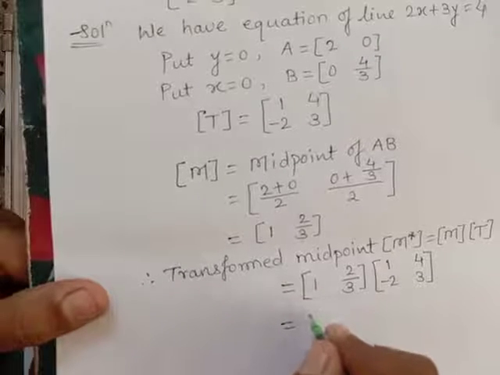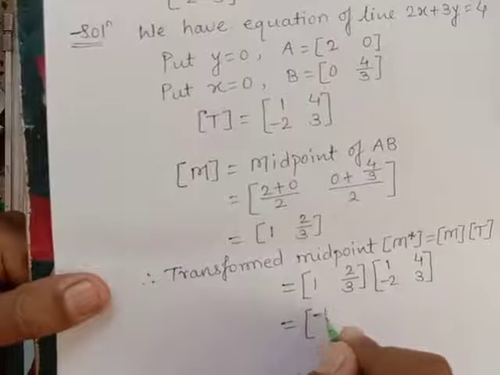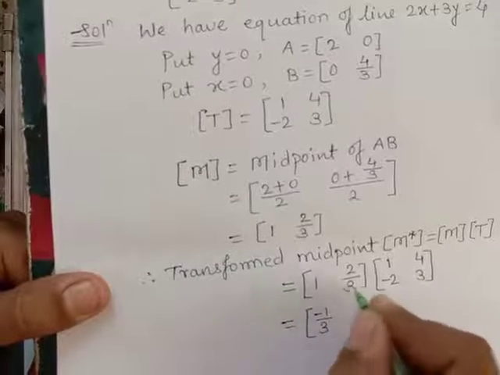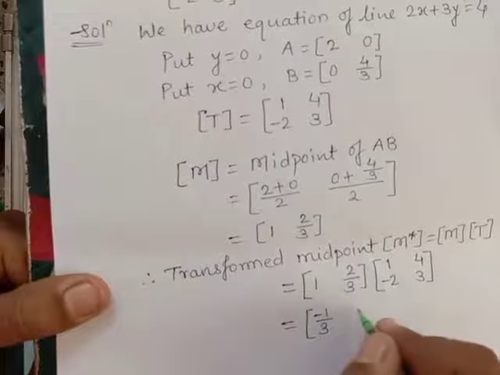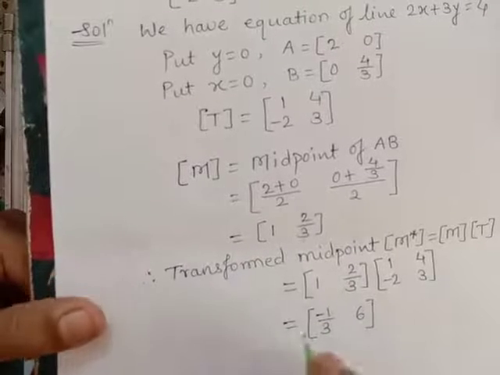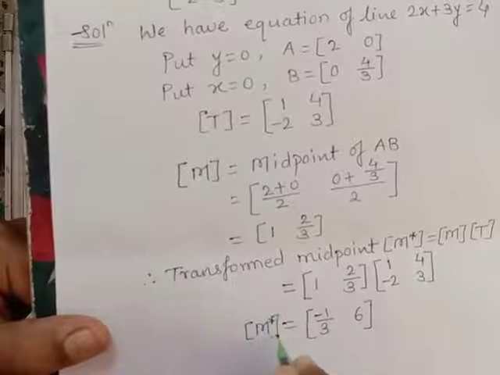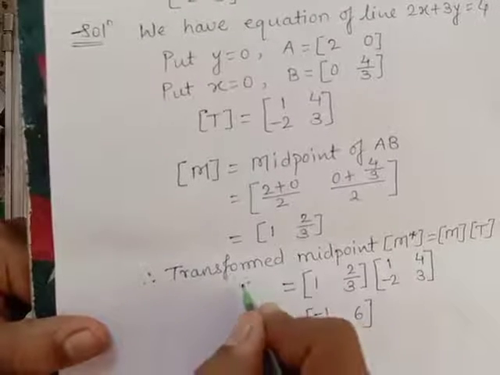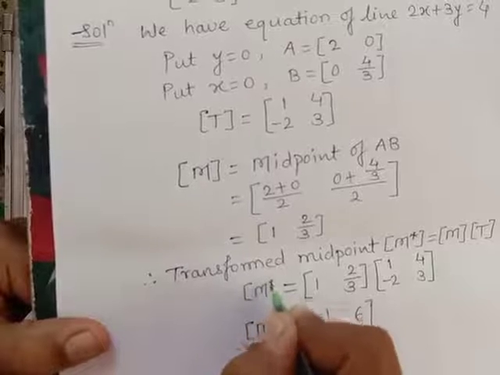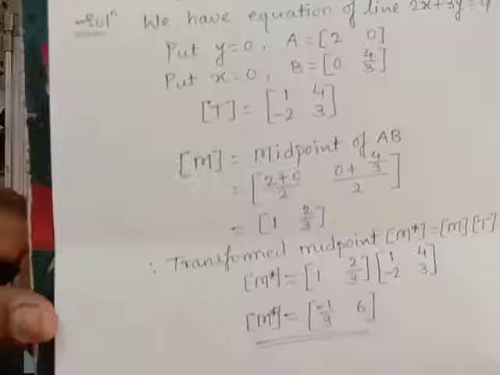After simplification we get minus 1 by 3 and 6. So M star has these coordinates.